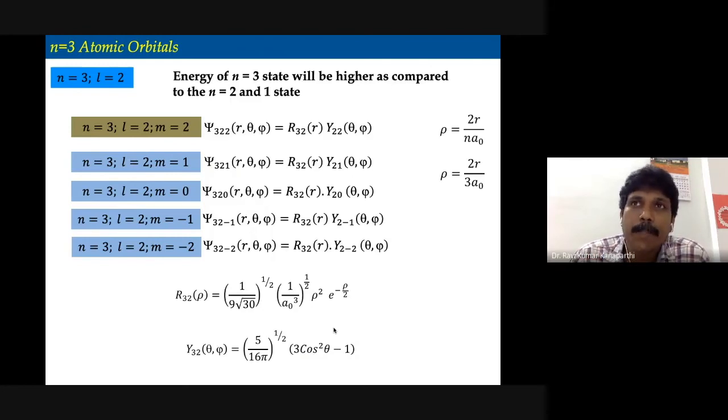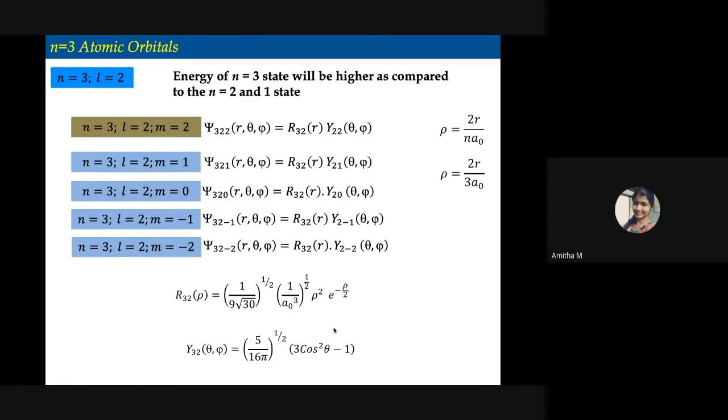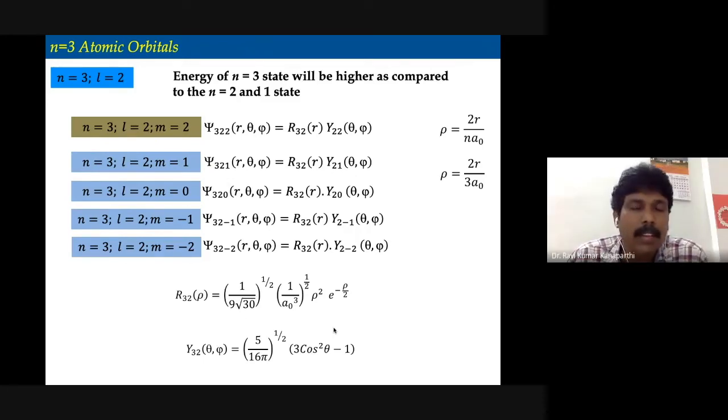N minus 1 is greater than or equal to L. The other one is L greater than or equal to modulus of M. That means essentially M can take values between plus L and minus L. So in between those values, it can take it. Accordingly, we can write it.